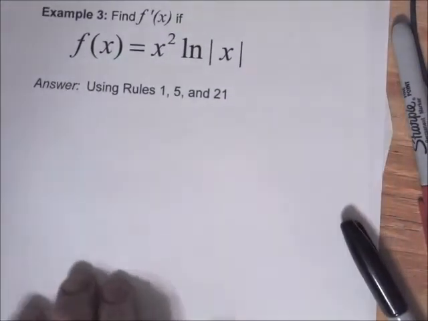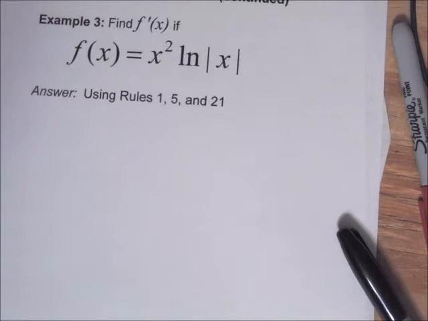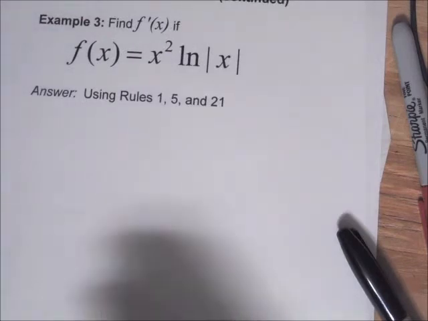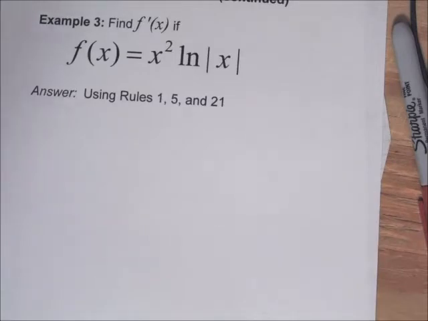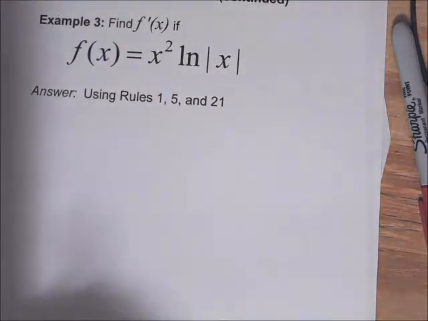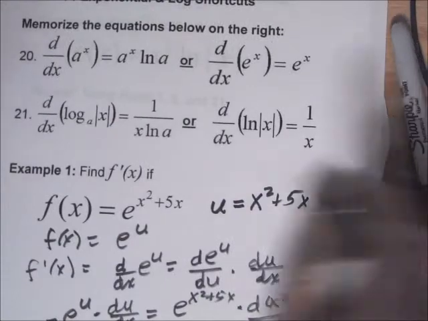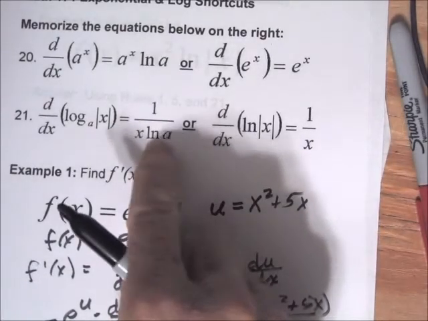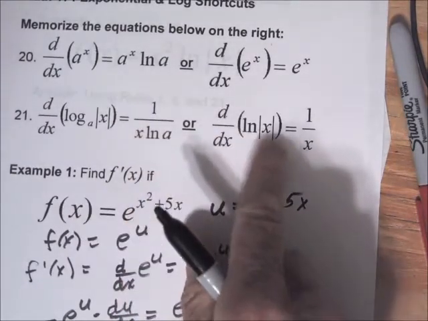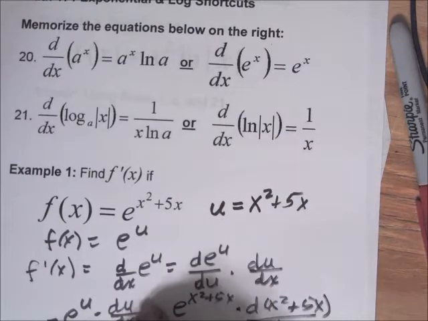f of x equals x squared ln x. So this one, we could use rule 21. This is a natural log, so we'll use the one on the right. We could use the one on the left, we could use either one, but this one is more specific to that problem.